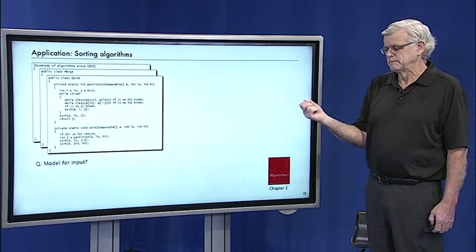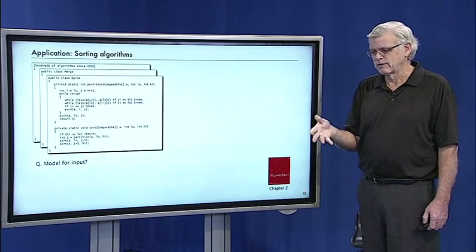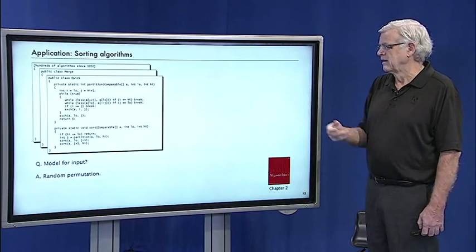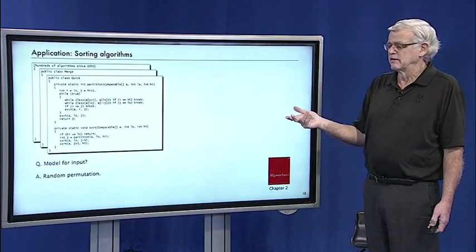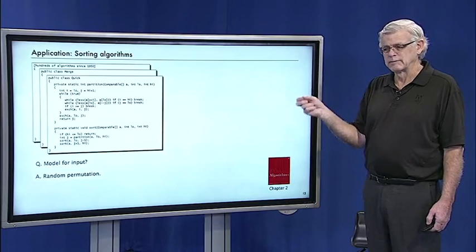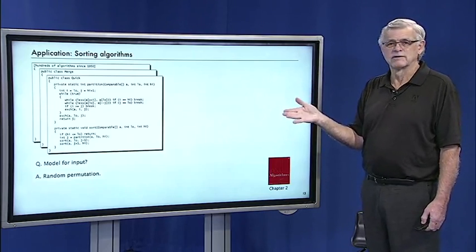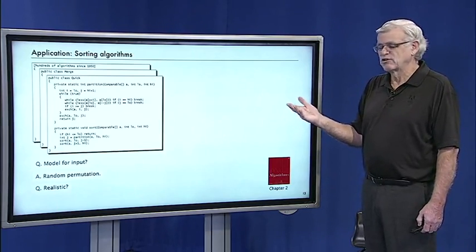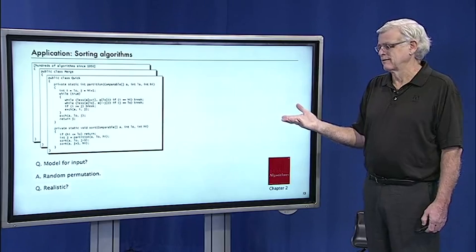And the key concept, as we saw, was we need a model for the input to a sorting algorithm. And one thing to start with is to say that the inputs are randomly ordered. They represent a random permutation. The question is, is that a realistic model?